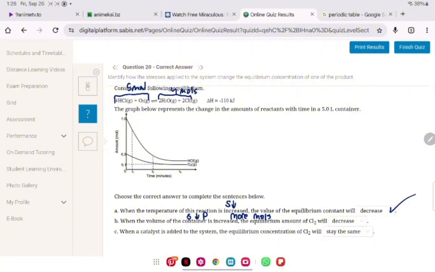So which side will it move to? It will move to the left side, and the amount of Cl2 will decrease because you're moving there. And when a catalyst is added to the system, the equilibrium concentration of Cl2 will stay the same because a catalyst does not affect equilibrium, it just helps reach equilibrium faster.